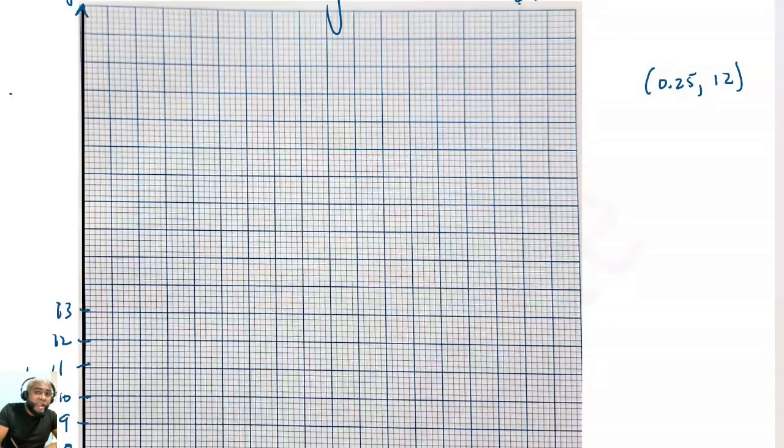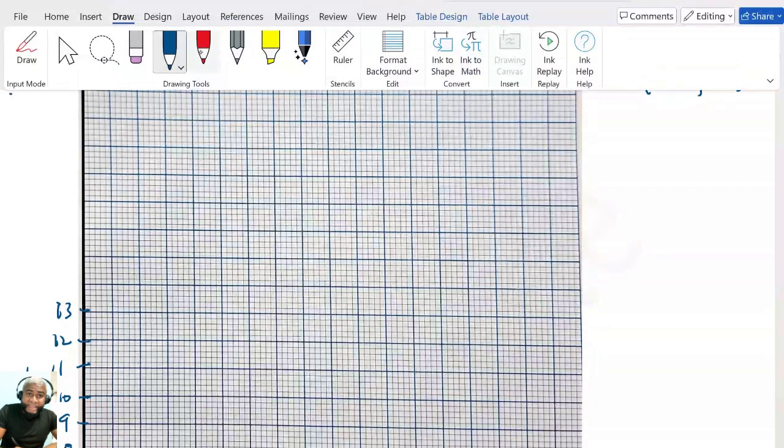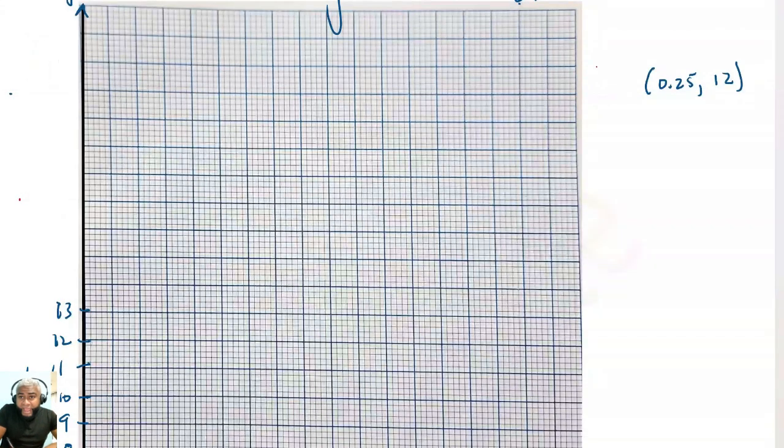So when you are writing a coordinate, I've seen these things over and over again: your x-axis value is always first and your y-axis value is always second, right?